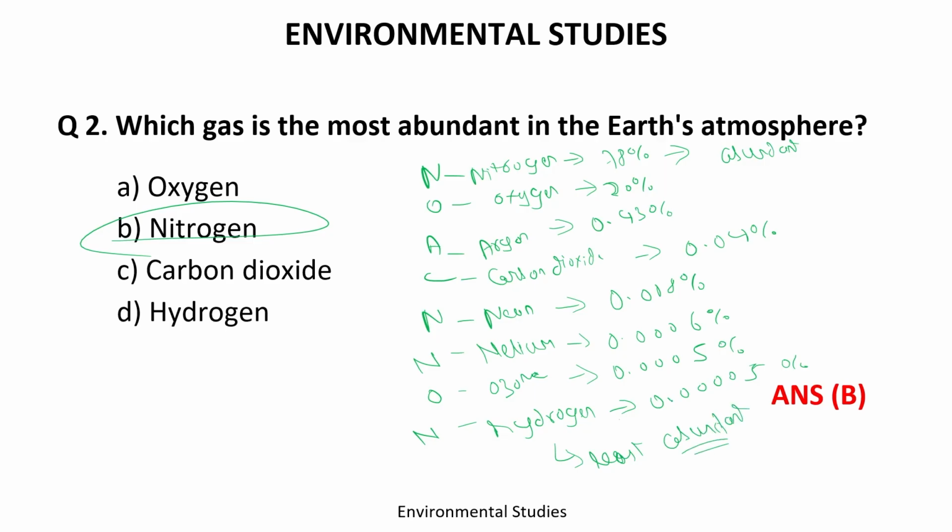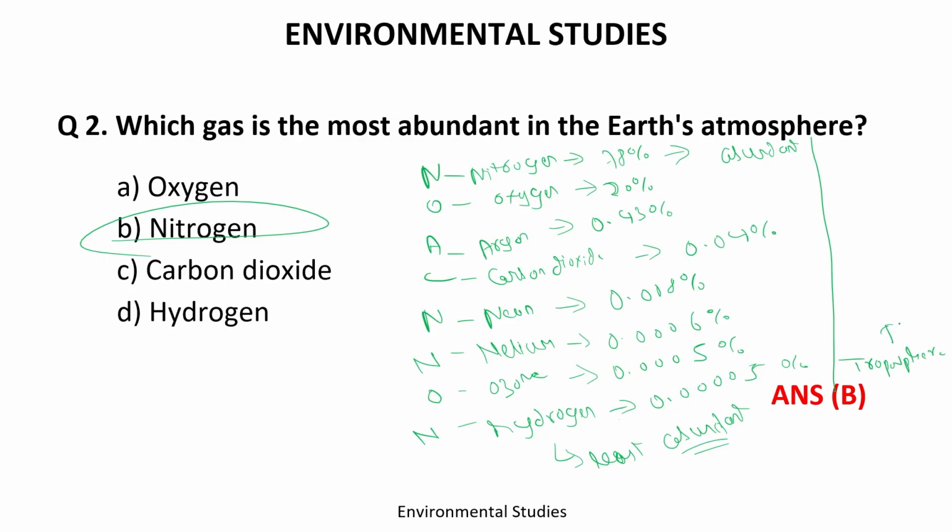So this is the flow chart of the composition of the atmosphere. If we talk about the layer-wise composition, the first layer is the troposphere.